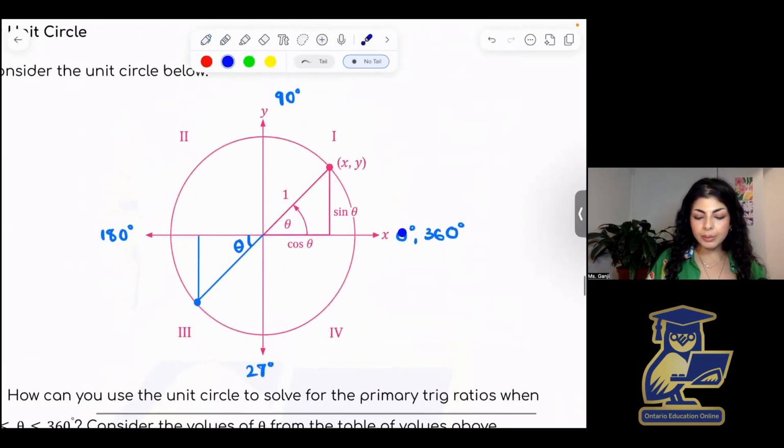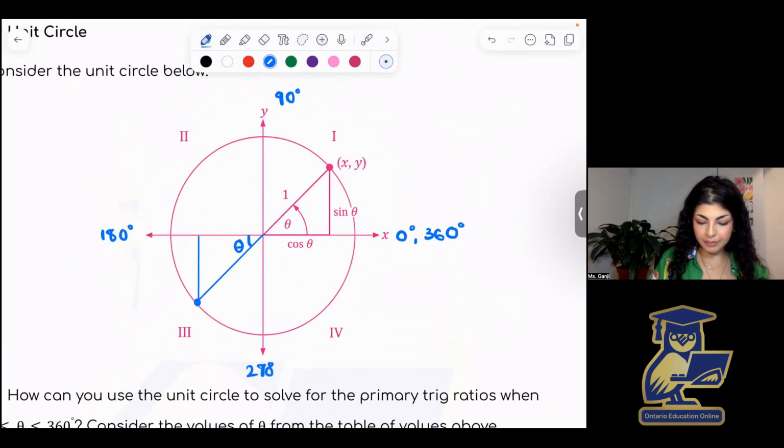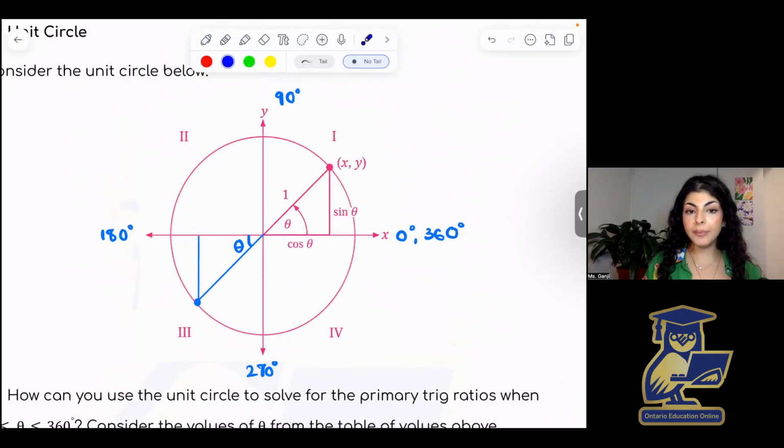So values between 0 to 90, and between 270 to 360 have a positive cosine, and these other values all have a negative x coordinate or a negative cosine.